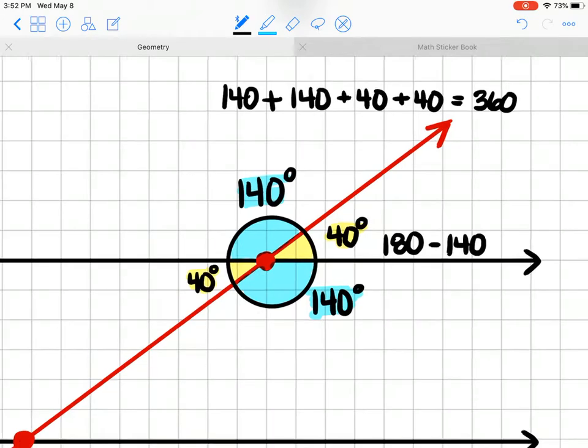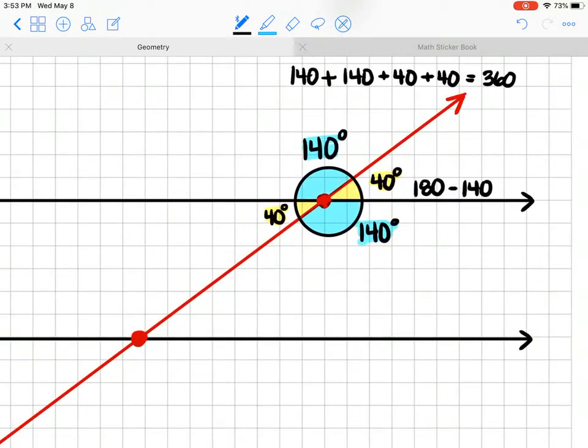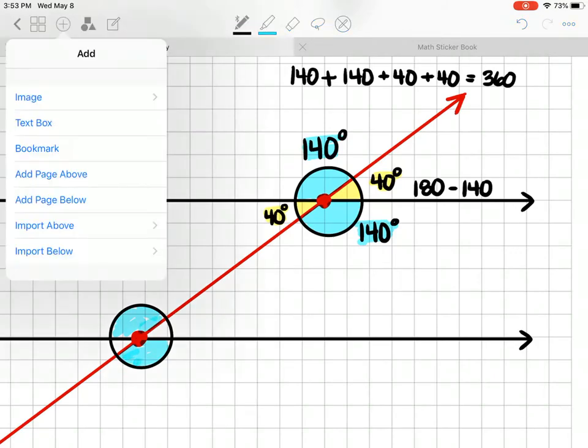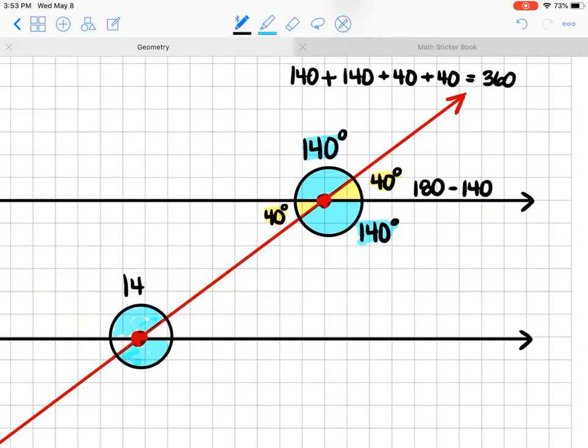Here's the cool thing. Once you know that one, you know this one, because they're on the same transversal. So once you know that the blue and the blue are 140, and here's a bow tie. Well, I'm trying to make one. It won't let me. Oh, I'm on the shape tool, that's why. So there's 140, 140. And then our yellow ones, remember we found that with some simple subtraction.